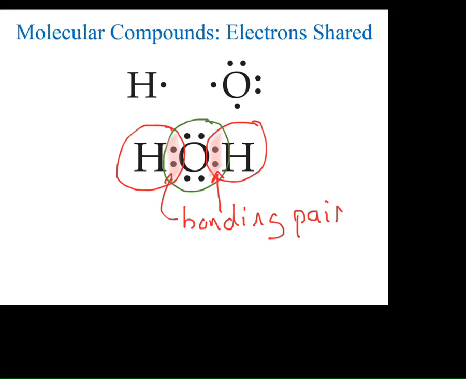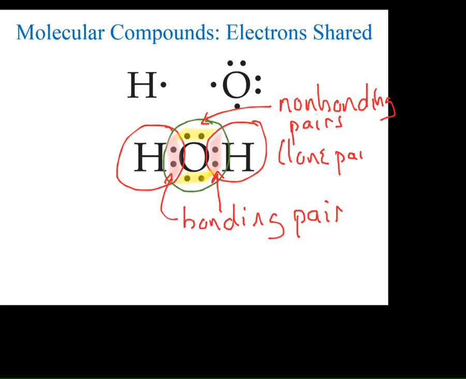But the ones up here that aren't being shared, see these up here and down here, the ones in yellow there I made? What do you think those are called? Pardon me? What'd you say? Non-bonding pairs. Man, you are smart. See, you already knew this. These are called non-bonding pairs. They are also called, what anybody actually hears more often, lone pairs.